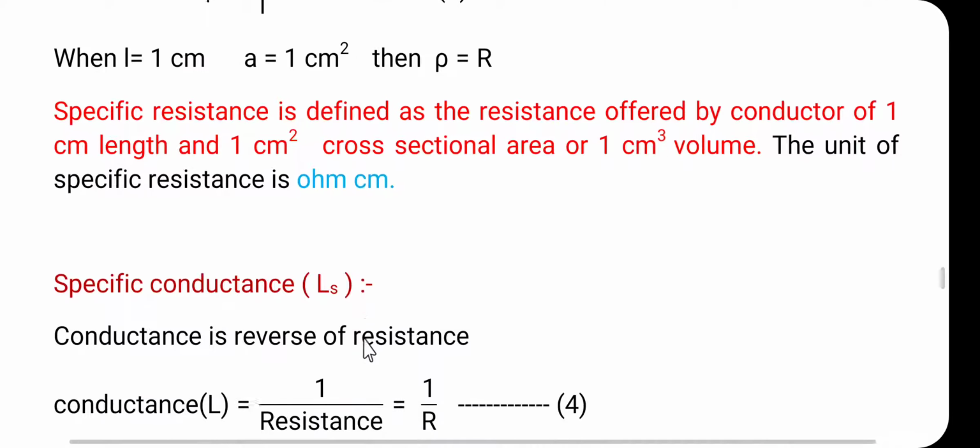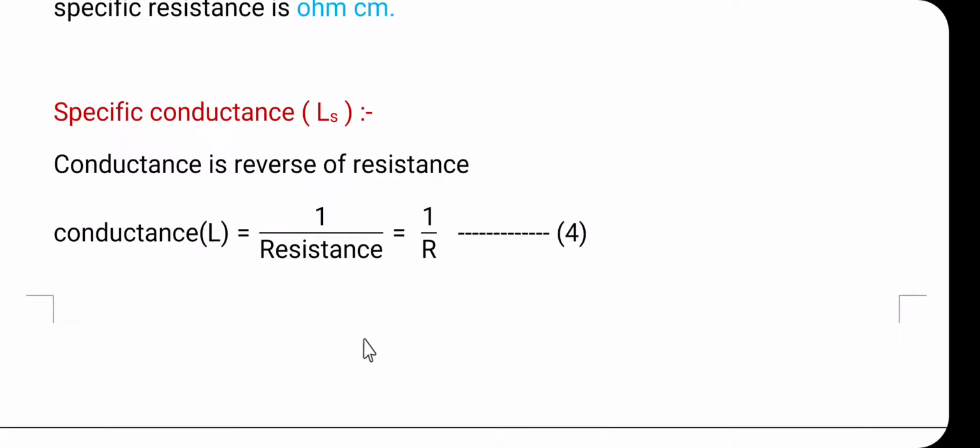Then let us consider the next term, the specific conductance, denoted by the symbol Ls. First of all, let us define conductance. Generally the conductivity meter, or conductometer, is used to measure the conductance or the resistance of a solution.